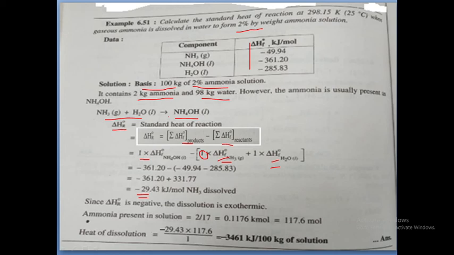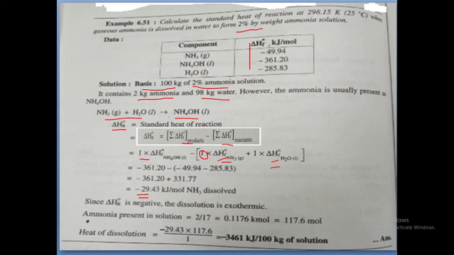Then as per the problem, as per the reaction, when 1 mole of ammonia is dissolved we have a standard heat of reaction of minus 29.43. So here how many kgs are present? 2 kg of ammonia is present. Kg is converted first into kilomole. What is the relation between number of moles and weight?